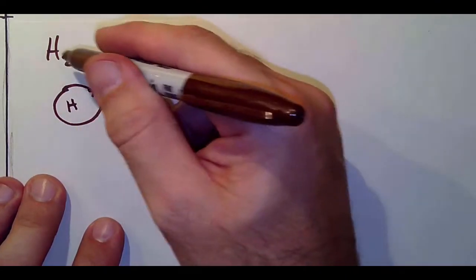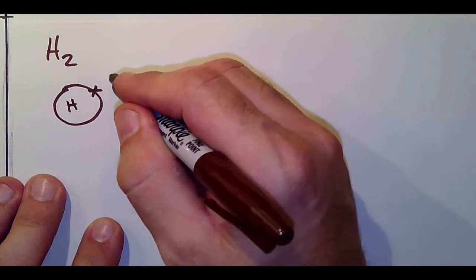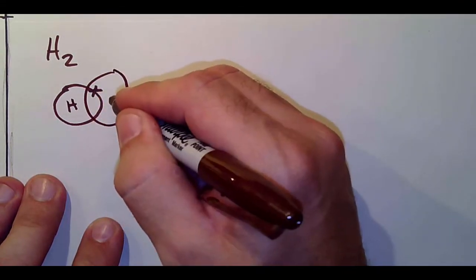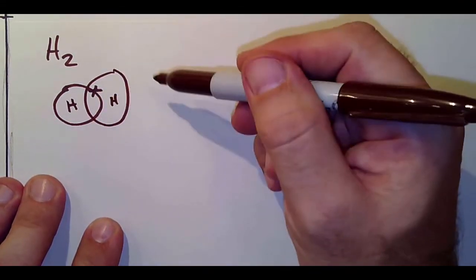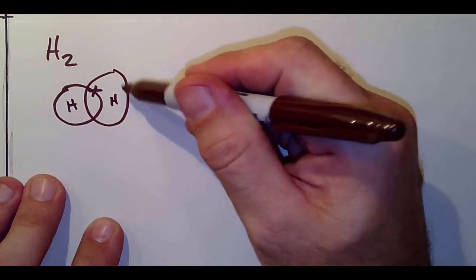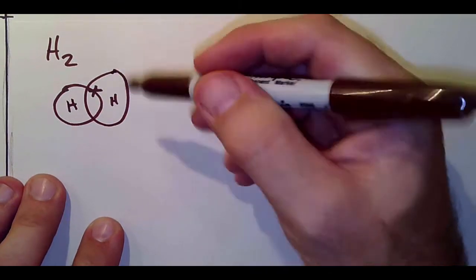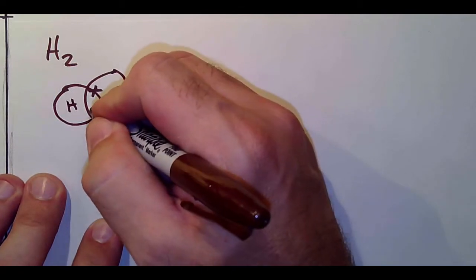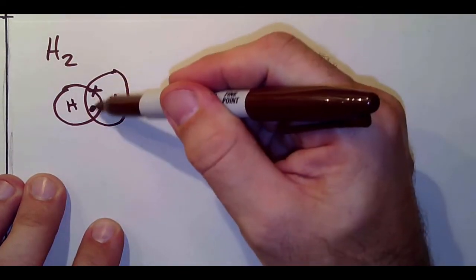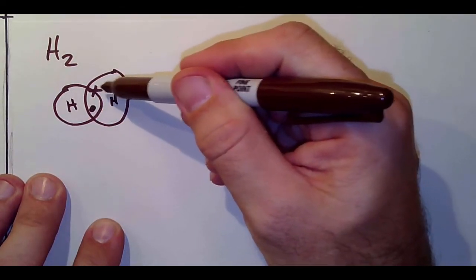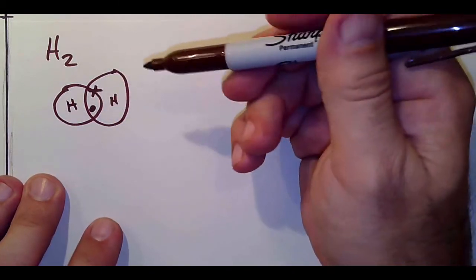And there is one more hydrogen atom, and it's also going to be close by, even though I haven't drawn those circles perfectly. I'm going to draw this second atom with its electron as a dot. And I'll draw it in this overlapping area, which is a space where these two atoms can share an electron.